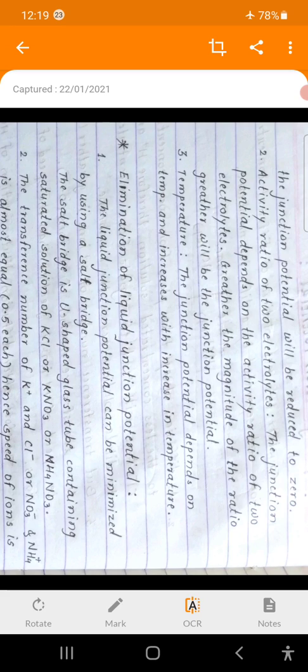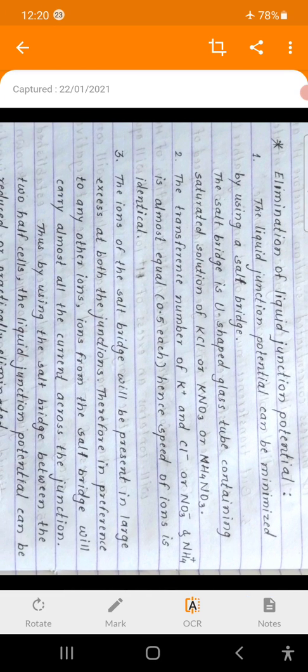And the last factor is temperature. The junction potential also depends on temperature, that is an increase in temperature also increases the junction potential EJ, because increased temperature increases movement and the kinetic energy of the ions.